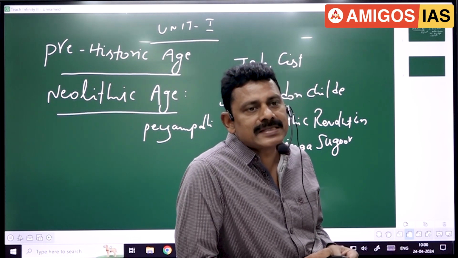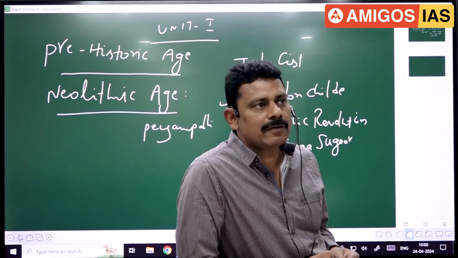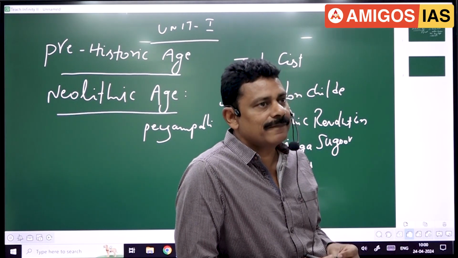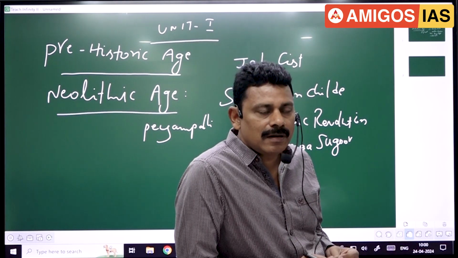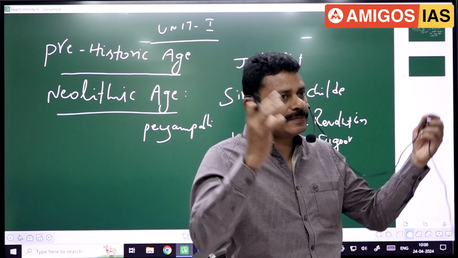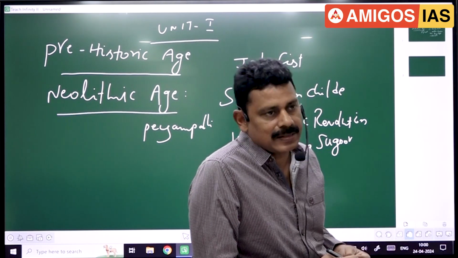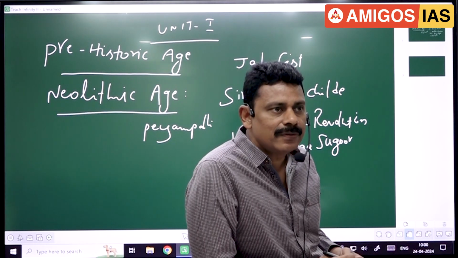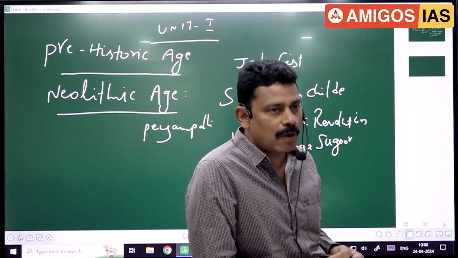Since they used to live a settled life at a particular place by domestication of animals, the cow dung which was deposited by them in huge heaps used to be burnt. The cow dung which has been burnt by them formed into the ash mounds.